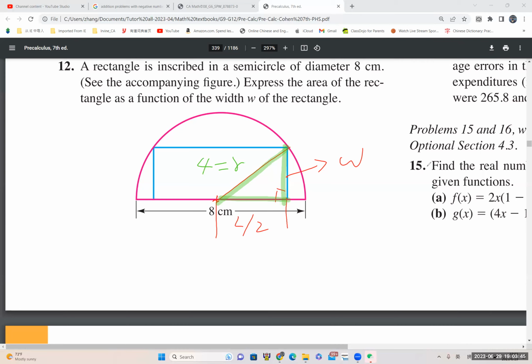For this right triangle, we have a squared plus b squared equals c squared. So let's take a as half of L, squared, plus b, which is W, squared, equal to 4 squared, which is 16, right?